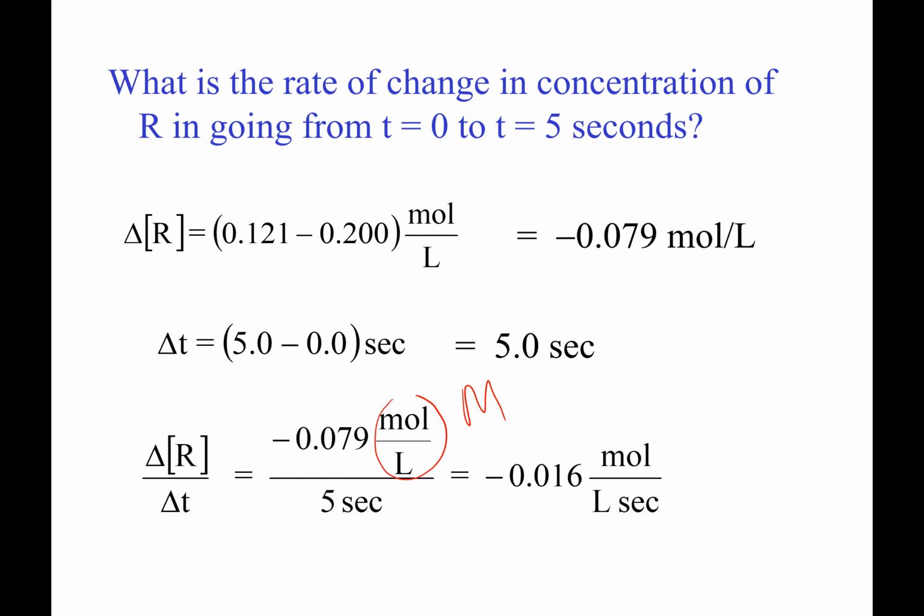And so then divide it out, and I guess it's probably better to leave it as moles per liter, because that will help us down the road. But you end up with the rate of change of R over that time interval, the first 5 seconds, is negative 0.016 moles per liter per second. And does this make sense that since our reactants are going down, it should be negative, and your products are going up?